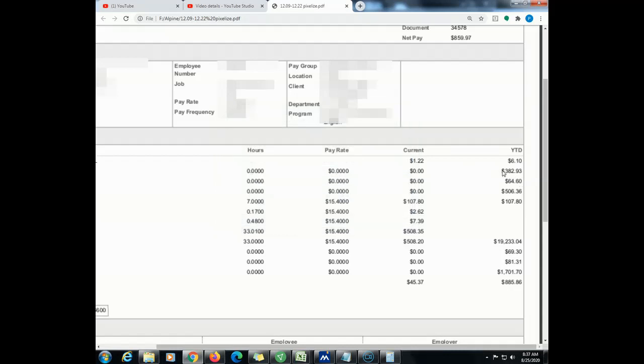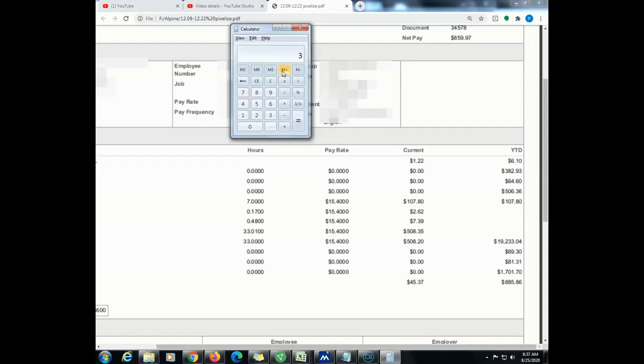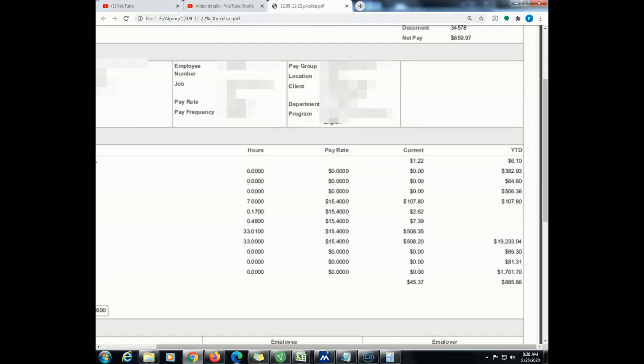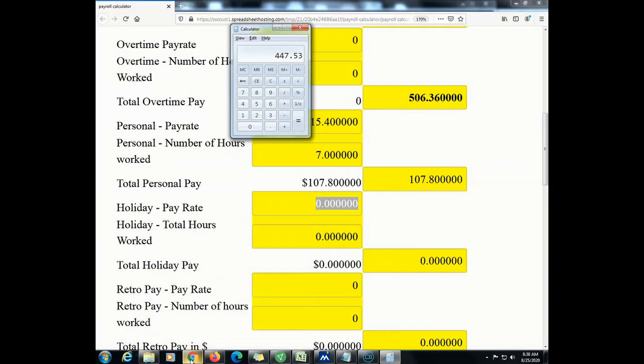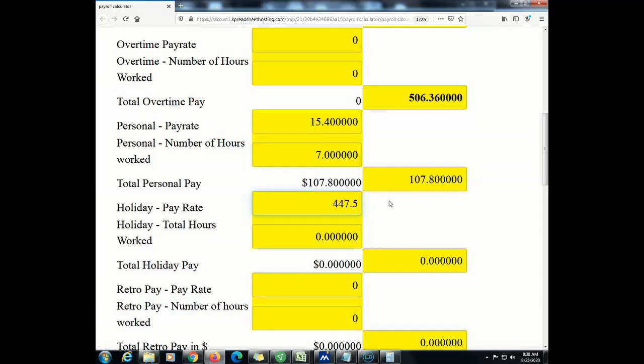So let's say your year-to-date figure for holiday pay is $382.93 in addition to $64.60. So your total holiday pay comes about $447.53. This will be your year-to-date figure.